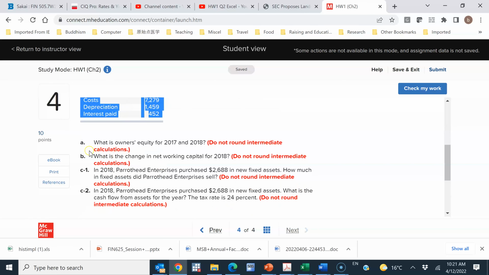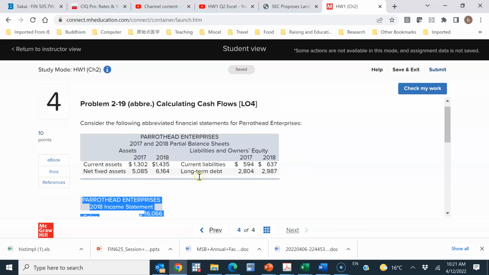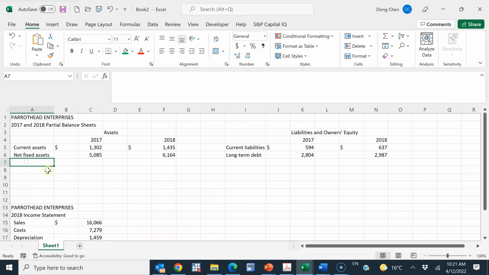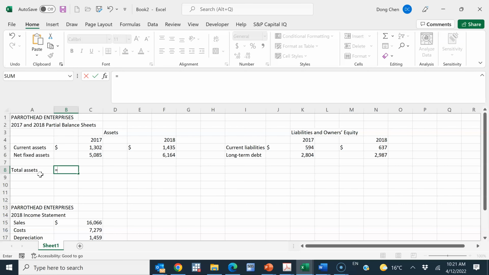So back to question A, what is owner's equity for these 2 years? To figure out owner's equity, you can see that on the left-hand side we're provided with current assets and net fixed assets. So from this we can figure out the total assets, right? That's very easy.